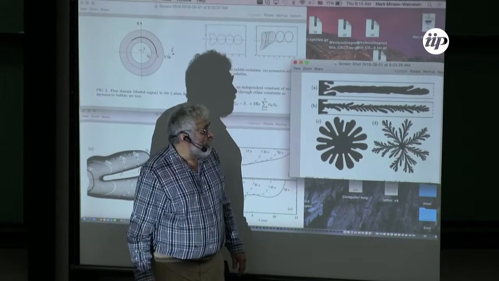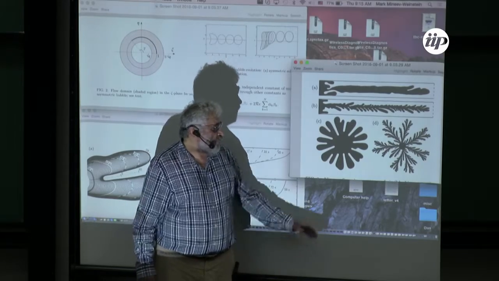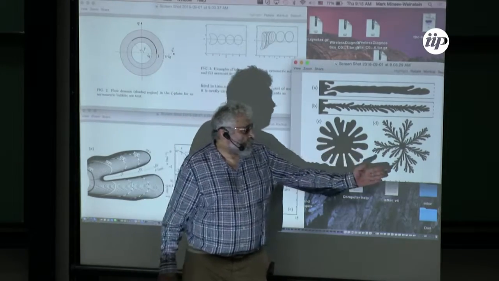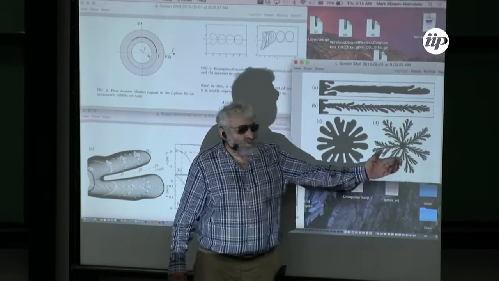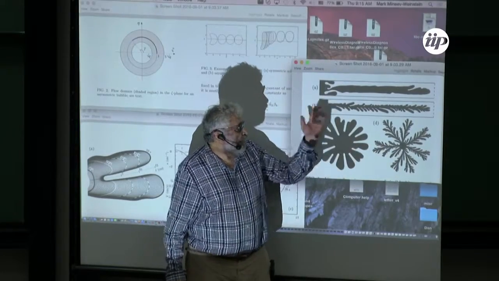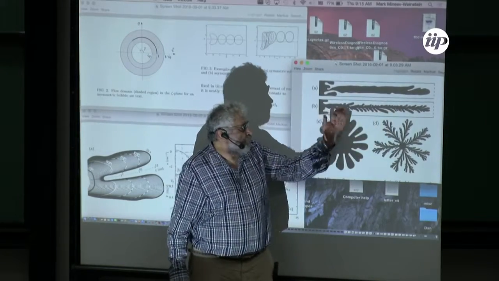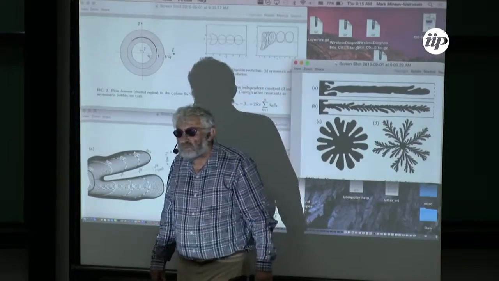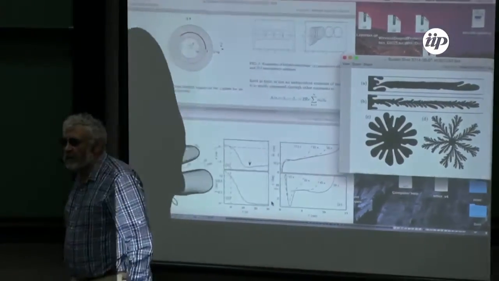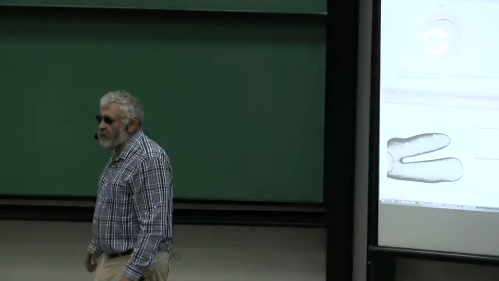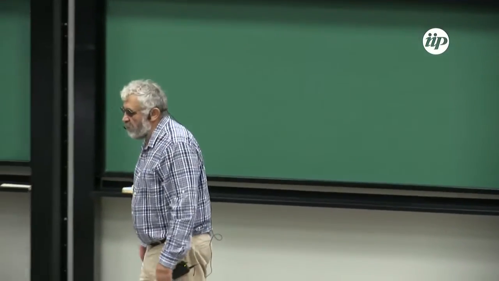Because of instability, after a while, in radial geometry you see a fractal-like tree, and in rectangular geometry you also see that. Of course, it is a highly unstable and non-equilibrium process.